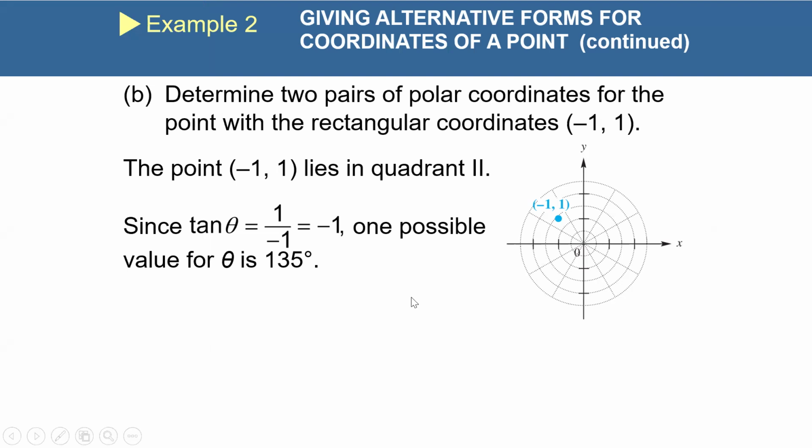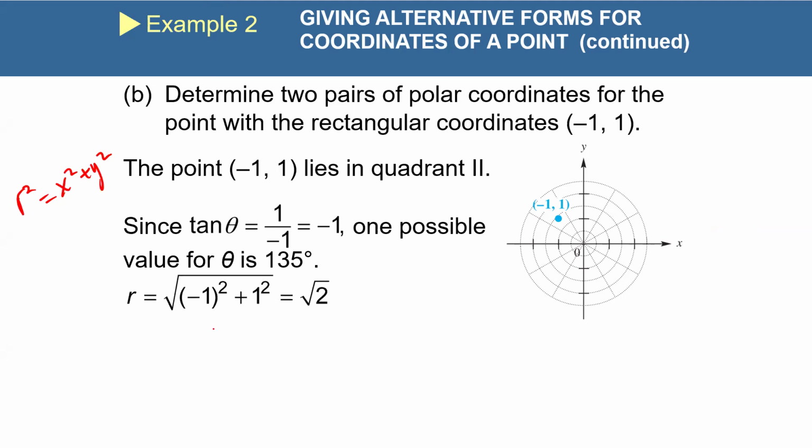After we find our theta, we need to find our radius, our r. R squared equals what? R squared equals x squared plus y squared, and then we take the square root. So can we find our r? Yes, we find our r by taking the square root of that. And so now we have that r equals square root of 2. From there, can I write this as a polar coordinate?